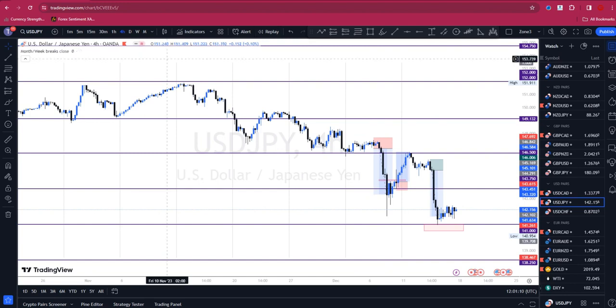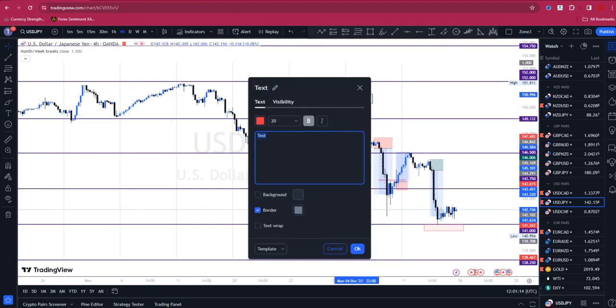The first one has to do with the type of market, that is the market trend: either a bullish market, bearish market, or a ranging market.